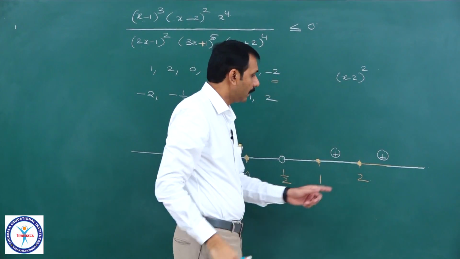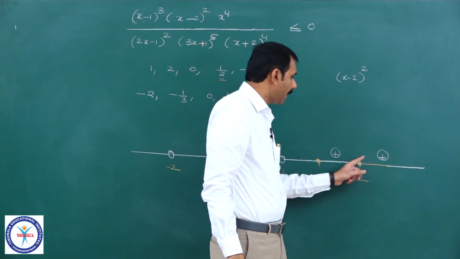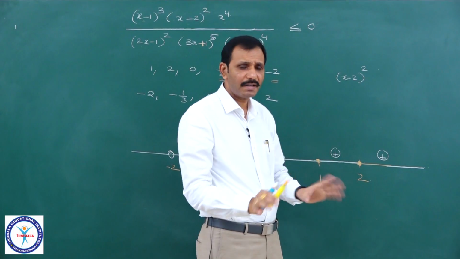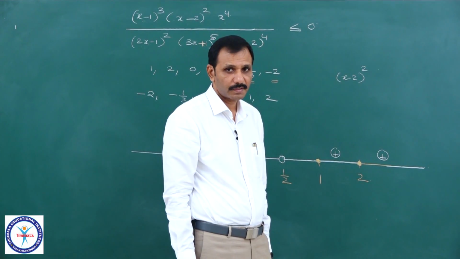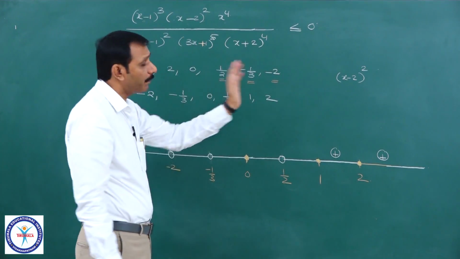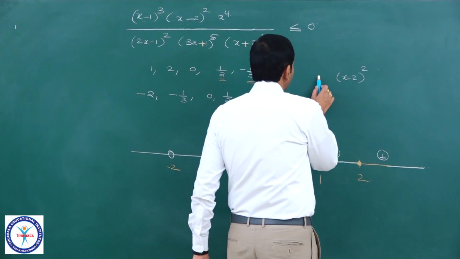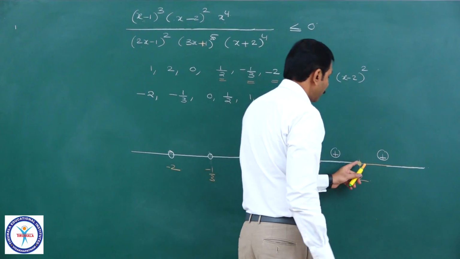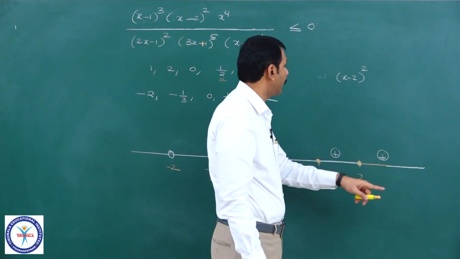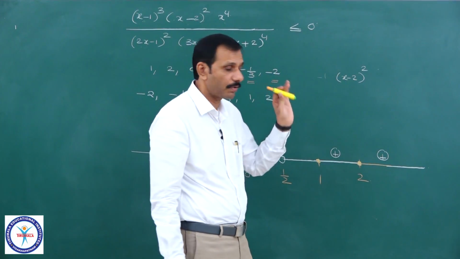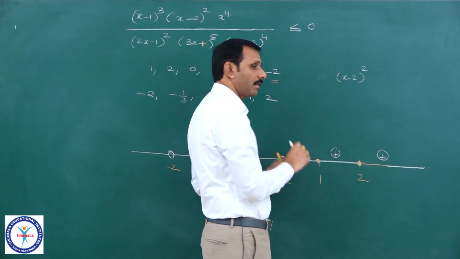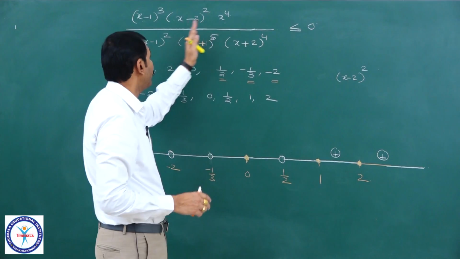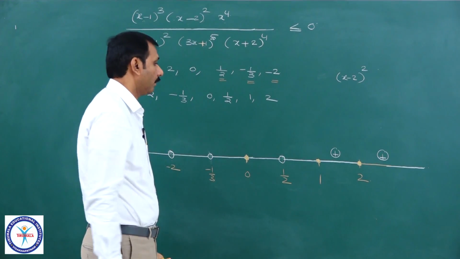What is the meaning here? Either you take the left hand side or right hand side of this one, the sign will not change, positive only on both sides, because the remaining part is positive. Suppose before this already a negative is there, then on the right side it is positive, on the left side also it is positive, you will get. Don't think that whenever even is there, both sides are positive only. That depends on the value of the remaining factor also.